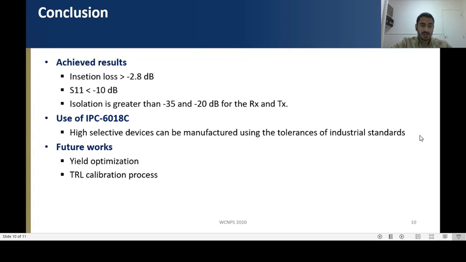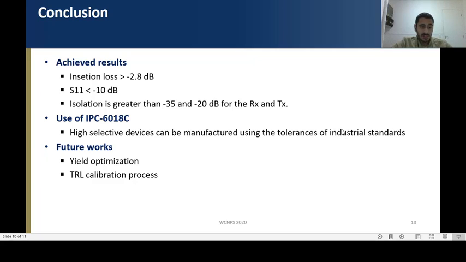As a conclusion, we could list that the devices presented insertion loss better than minus 2.8 dB, reflection coefficient lower than minus 10 dB, and isolation greater than 20 dB in the worst case.